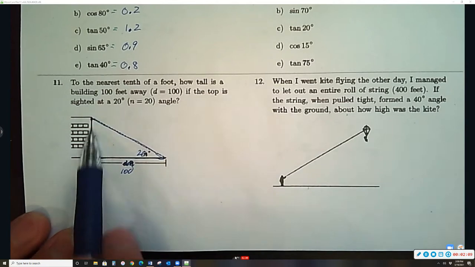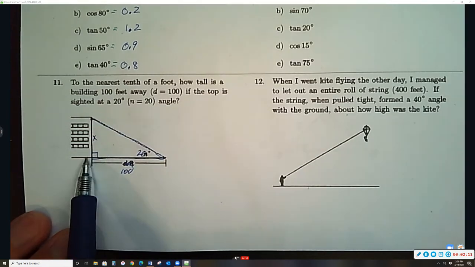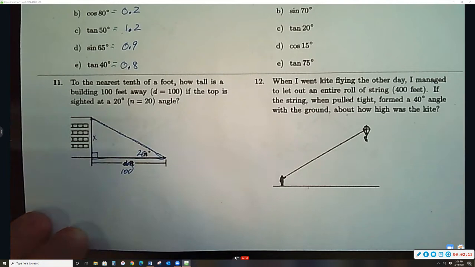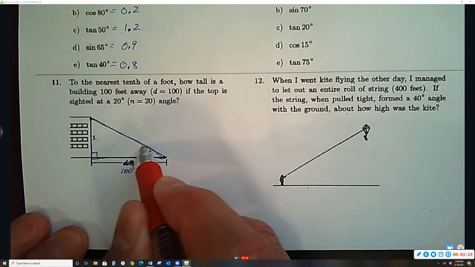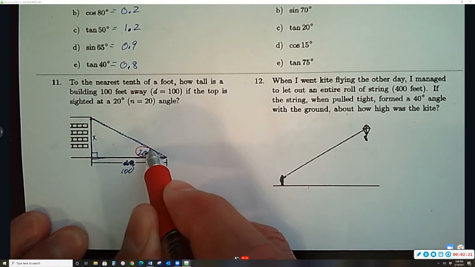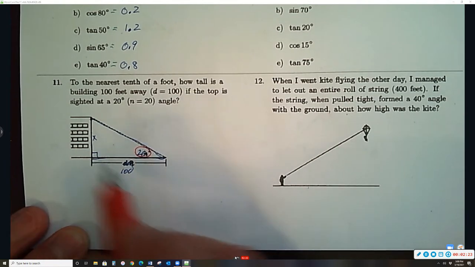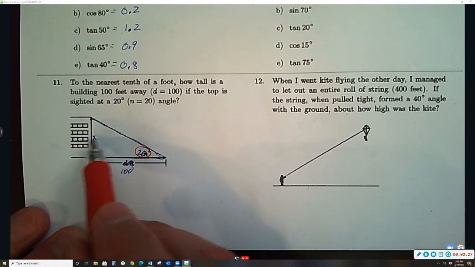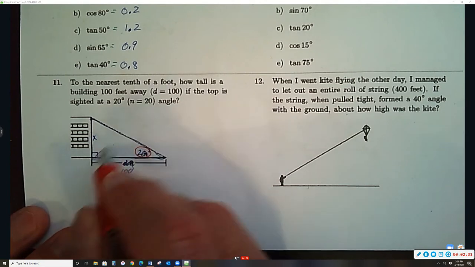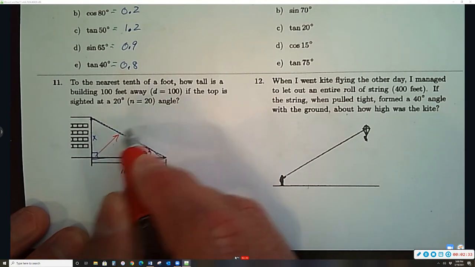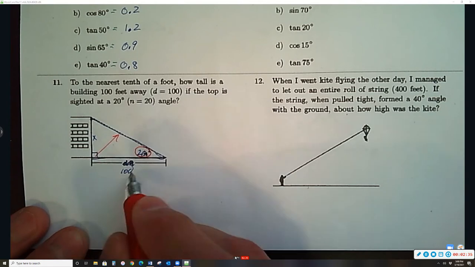What we have to do is use a trig ratio that uses these sides to find this missing side length. For example, we know this is the hypotenuse. I'm not going to write that in because I don't have any info here.